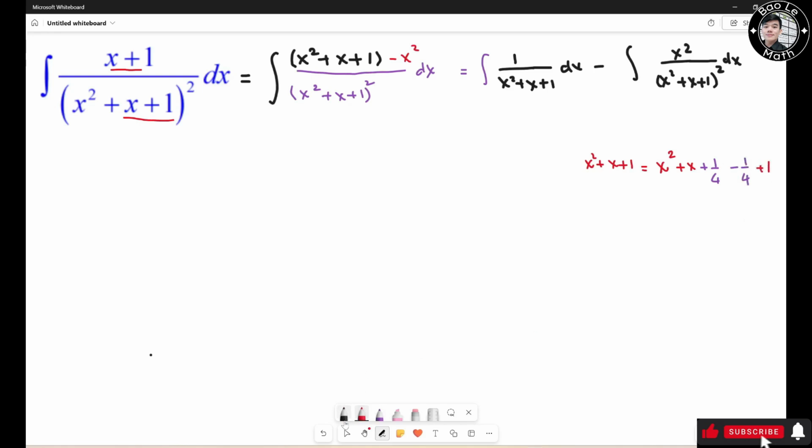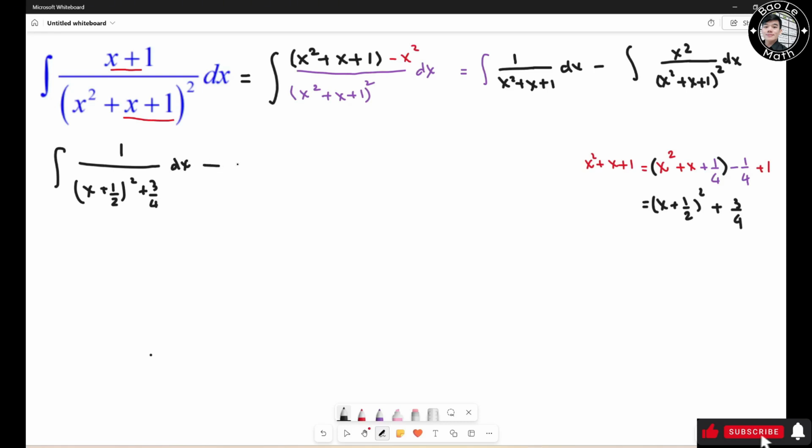So the first three terms become a complete square, s plus 1 half altogether square, and the rest becomes 3 over 4. So this one can be written as the integral of 1 over s plus 1 over 2 altogether square plus 3 over 4 ds.